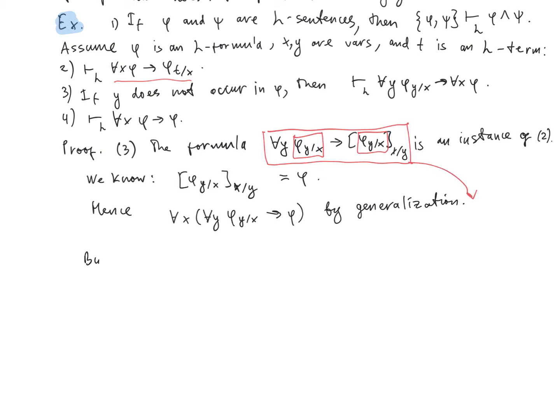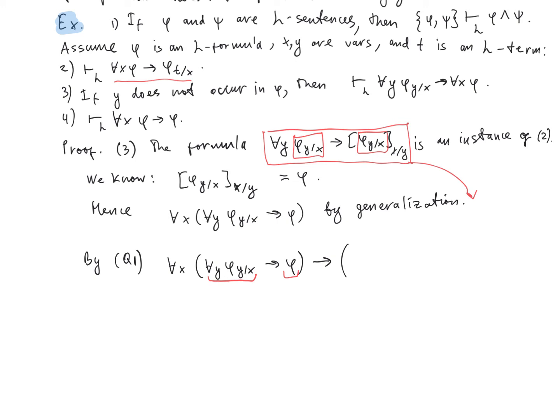Now by Q1 we have the following universal formula: for all x, for all y, phi with y substituting x implies phi, implies, now let's be careful, so this is the first formula of the implication and this is the second one in the quantifier axiom.